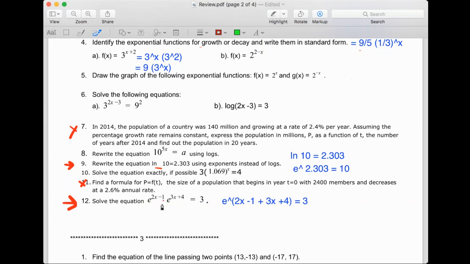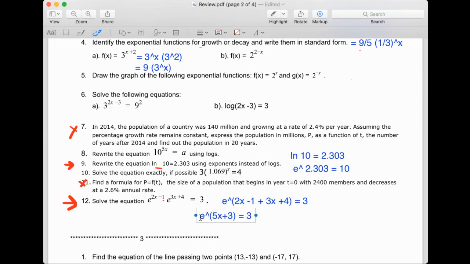We just combine those two terms. We have e raised to something times e raised to something else, so we write one term as e raised to the sum of the two exponents. 2x plus 3x gives 5x, and negative 1 plus 4 gives plus 3, equals 3.